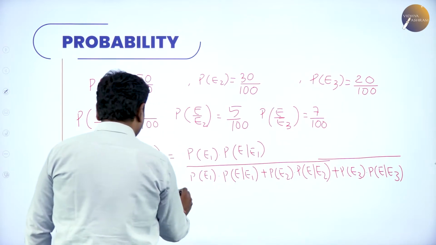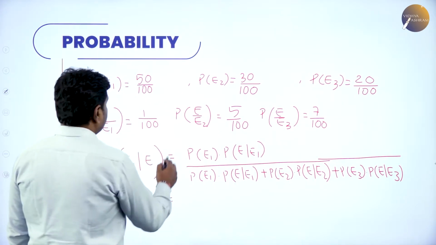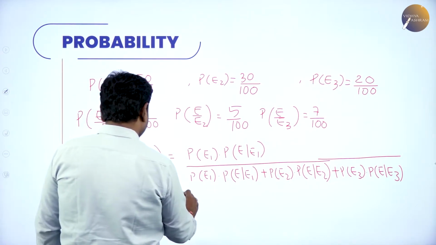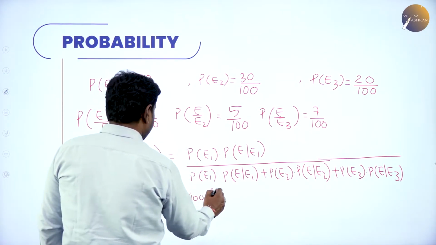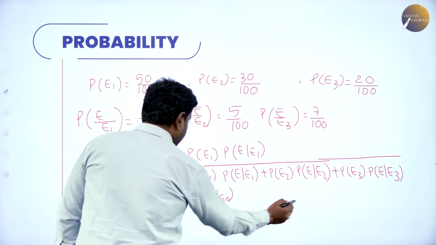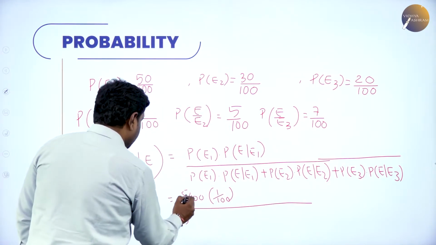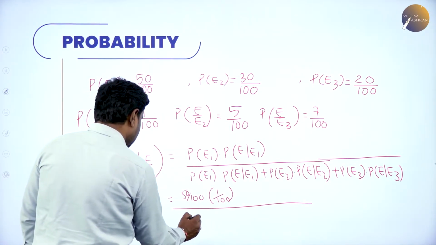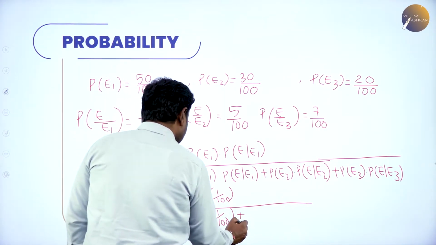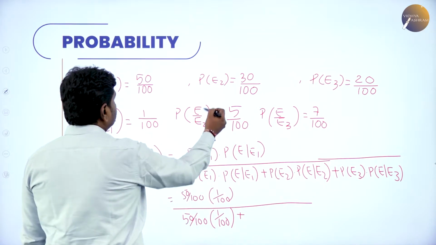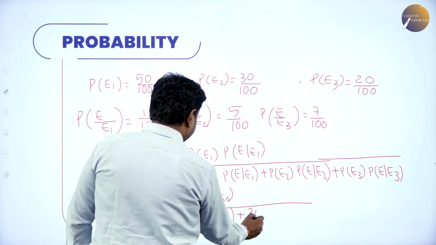Now substitute the values. When you substitute the values, that is 50 by 100 into E by E1 is 1 by 100, divided by the same 50 by 100 into 1 by 100 plus P of E2. What is P of E2? 30 by 100.